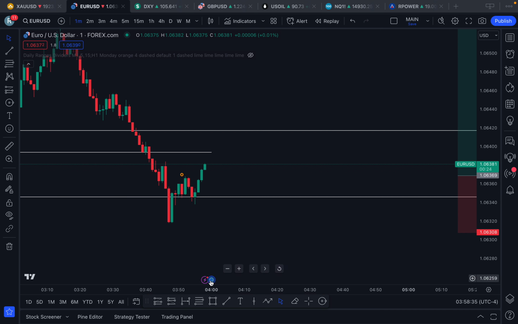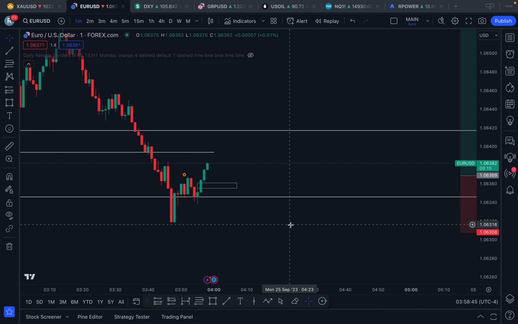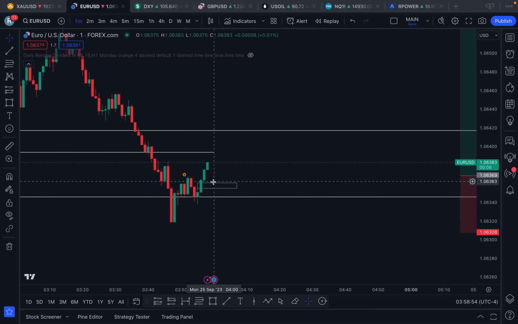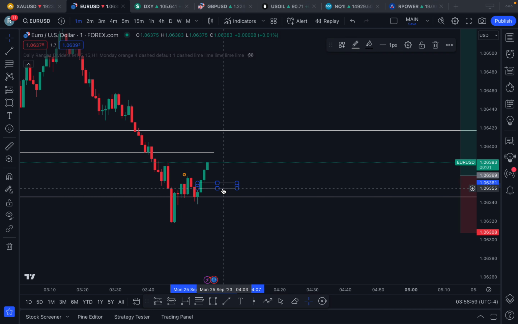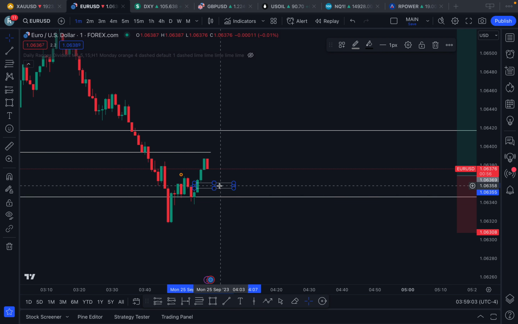That's a fair value gap. Okay. I want to see there's another fair value gap right there.